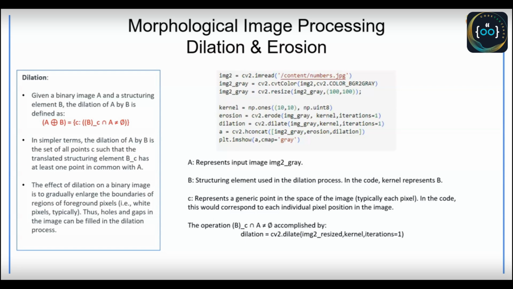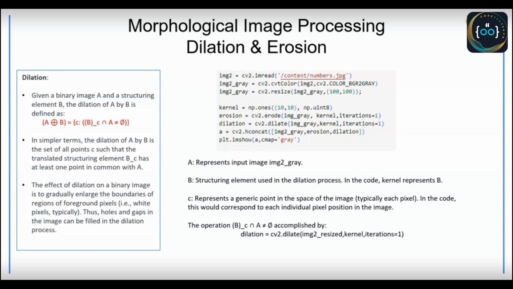That's what I've attempted here. The symbols A, B, and C in the formula are abstract mathematical notations and do not directly translate to specific variables in the code. However, they do have conceptual equivalence in the code.